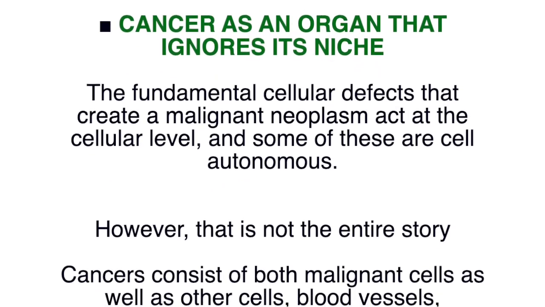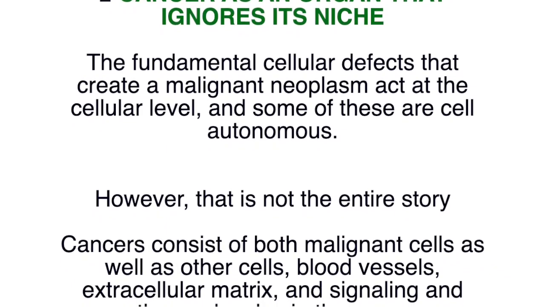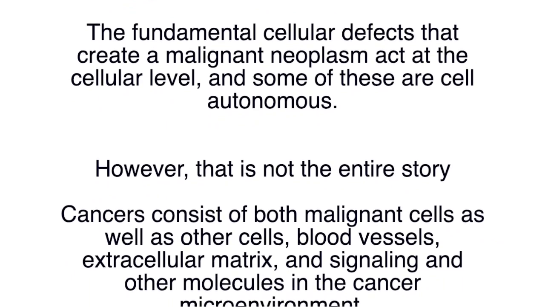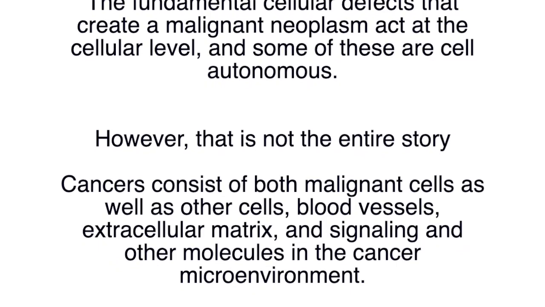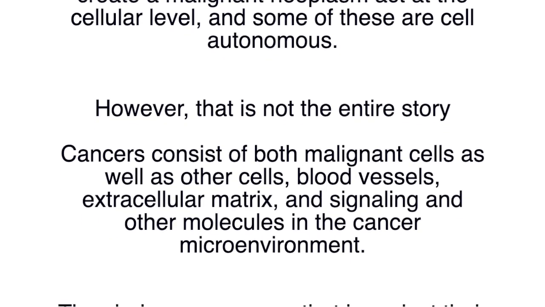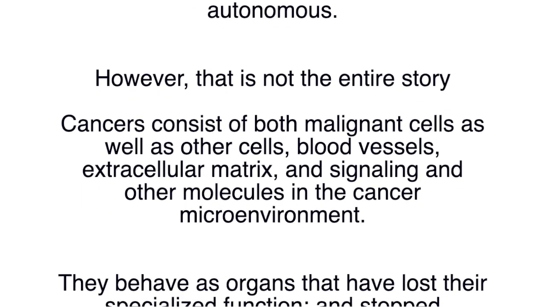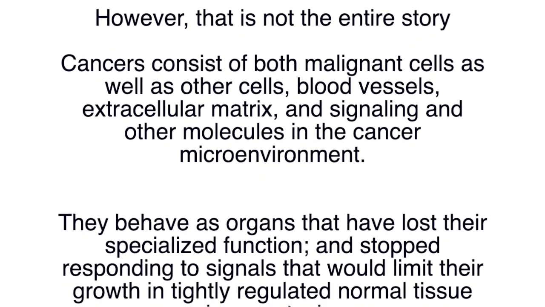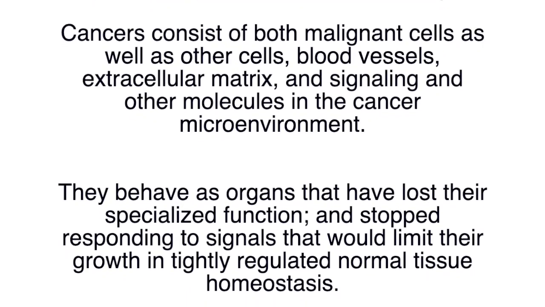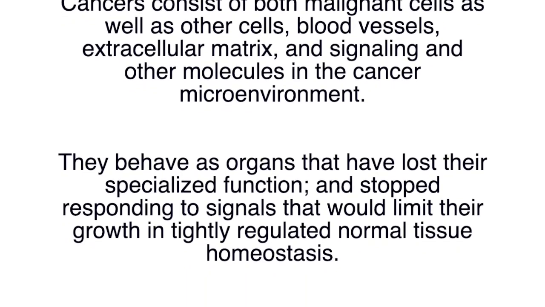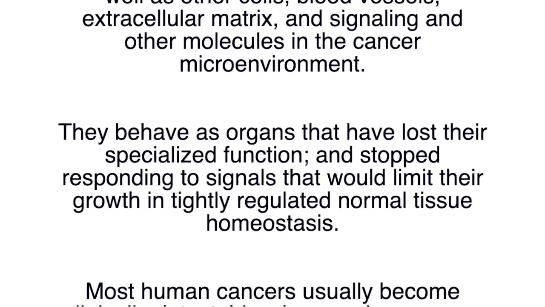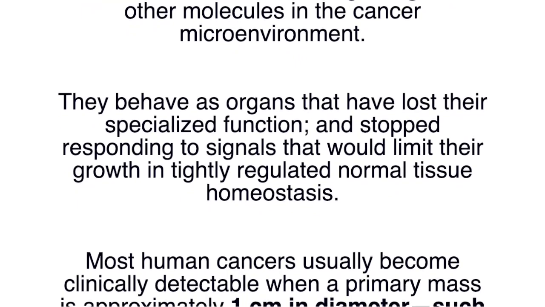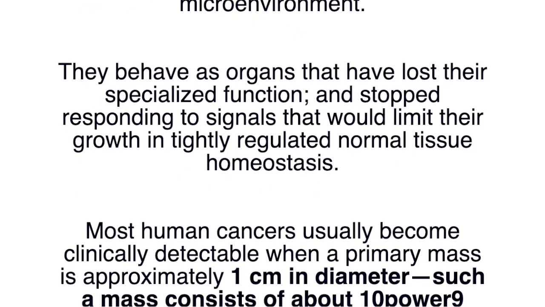Cancers consist of both the malignant cells as well as other cells, blood vessels, extracellular matrix, and signaling and other molecules in the cancer microenvironment. They behave as organs that have lost their specialized function and stopped responding to signals that would limit their growth in tightly regulated normal tissue homeostasis.